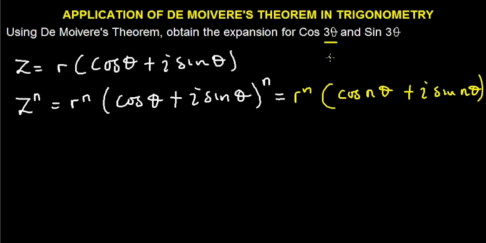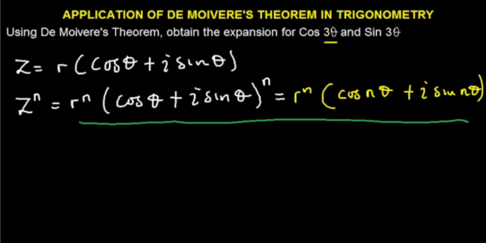Now we are dealing with 3 theta. So to get this straight, we will implement the power of 3. We are going to be using just this part of the equation, which implies that this can cancel this.